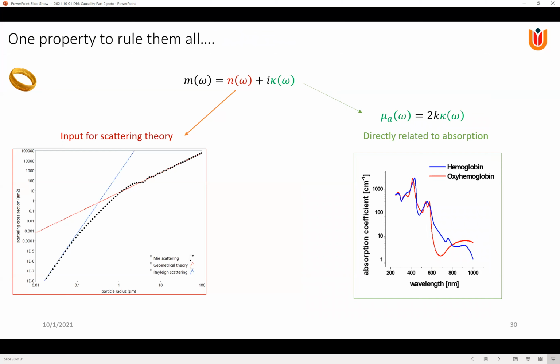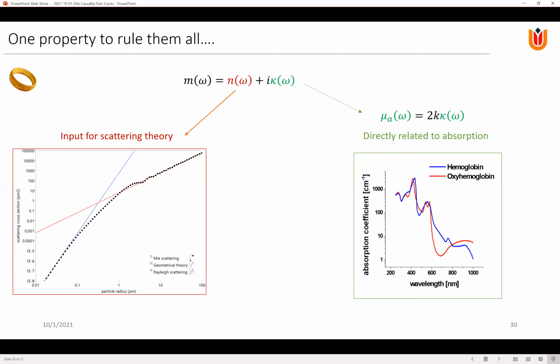When the particles were much larger than the wavelength, it was geometrical scattering that only depended on, as the name suggests, the size of the particle. Everything in between, or basically everything, as long as the particle is spherical, can be described by Mie scattering, by Mie theory.